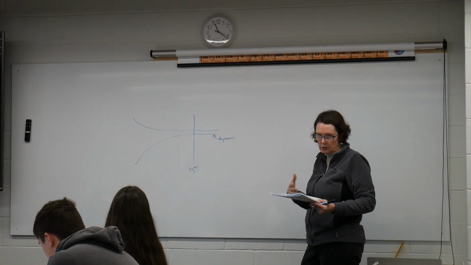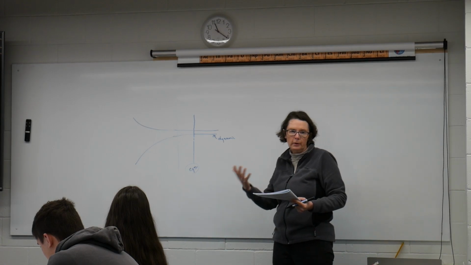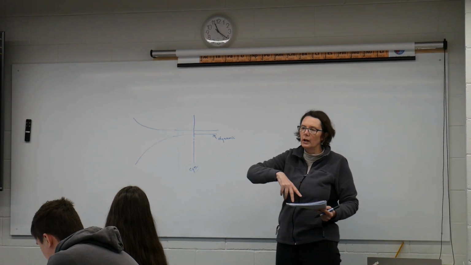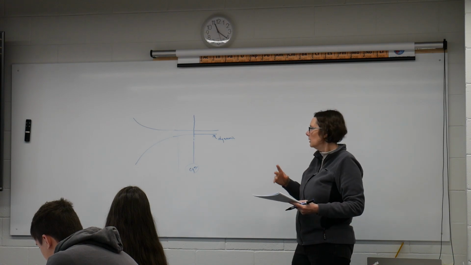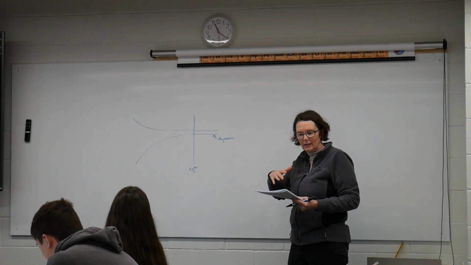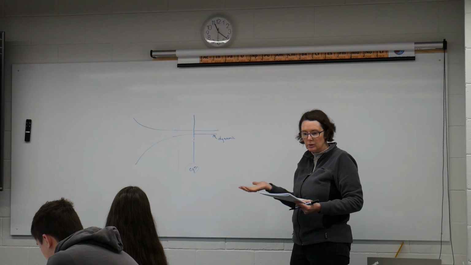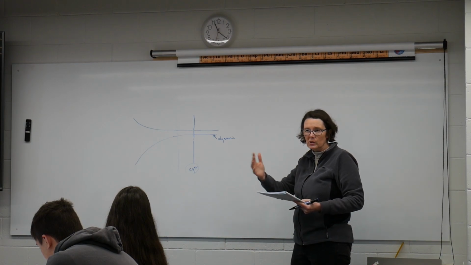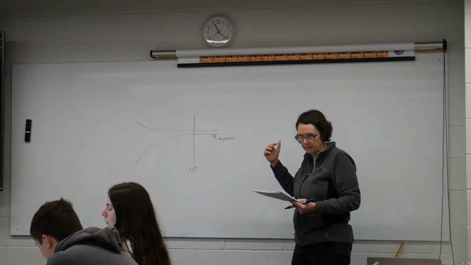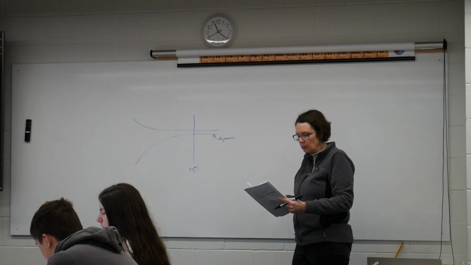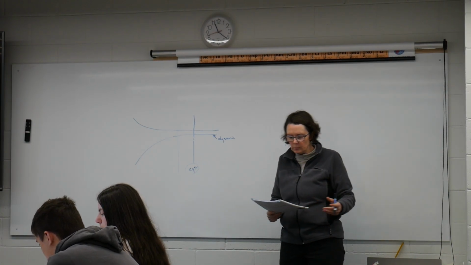We might change the temperature, we might change the pressure, we might change the concentration of a reactant or a product, and then we will see a relatively rapid change in response to what we've done to this reaction, and then we'll reach a new equilibrium. So that's what we're going to be doing with Le Chatelier's principle.